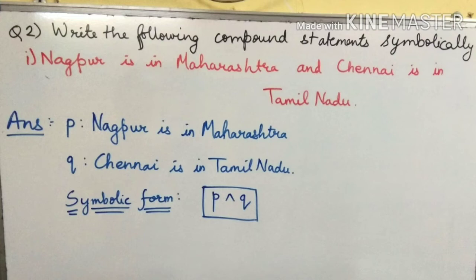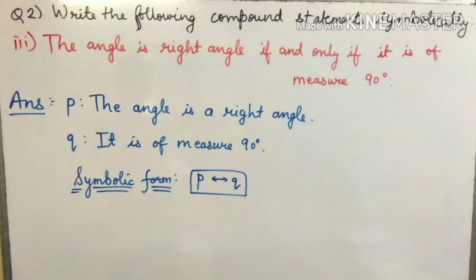The two statements are joined by the word and, therefore the symbolic form is P conjunction Q. The third example is the angle is right angle if and only if it is of measure 90 degree.